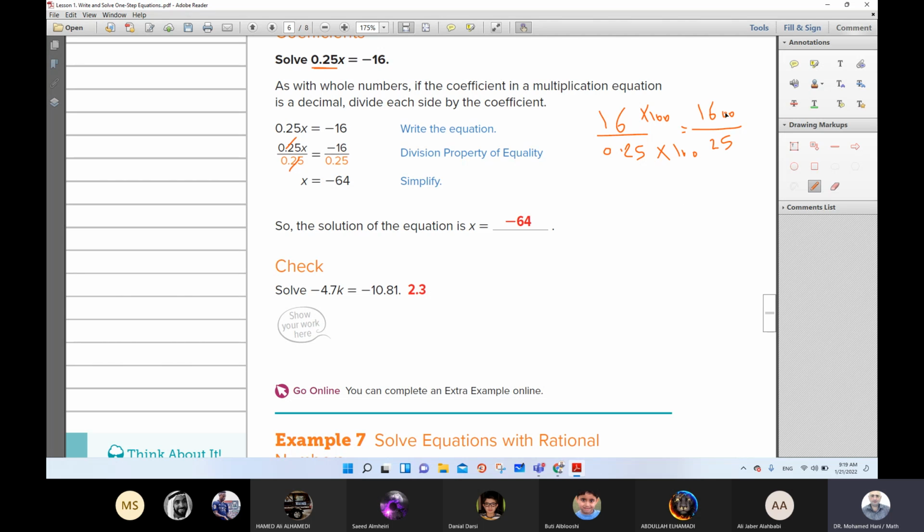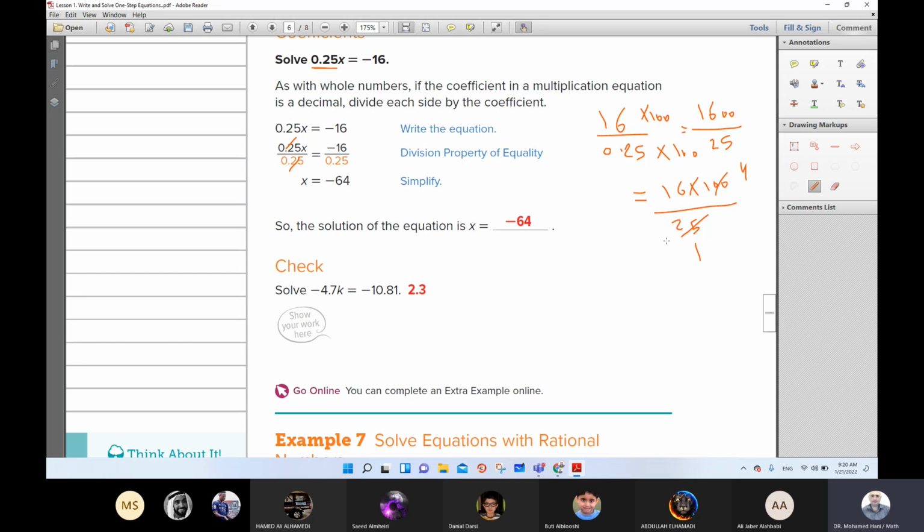Then you can do long division here, or you can do simplest form. 1,600 means 16 times 100 over 25. You can do simplest form. Divide 25 by 25 will be 1, and divide 100 by 25 will be 4.